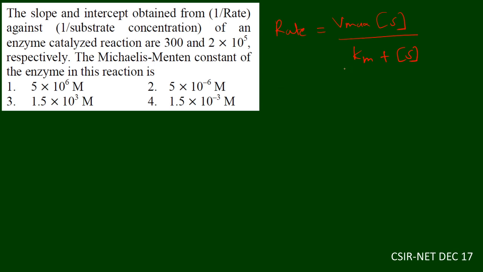We have been given the graph as 1 by rate, so we have to arrange this equation as 1 by rate is equal to Km by Vmax into 1 by concentration of substrate plus 1 by Vmax. This is of the form y equals mx plus c, where c is 1 by Vmax.